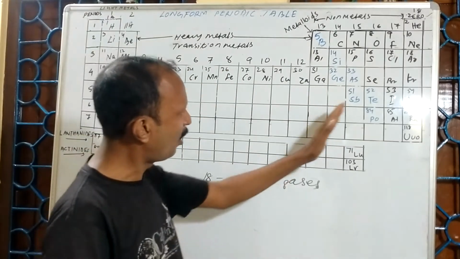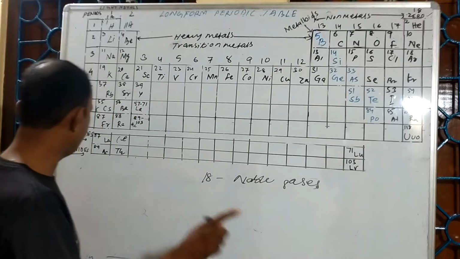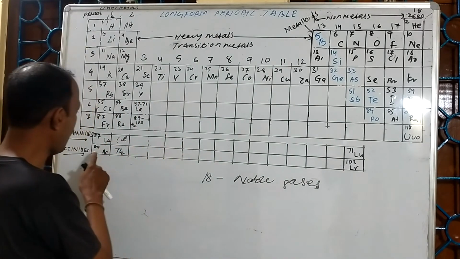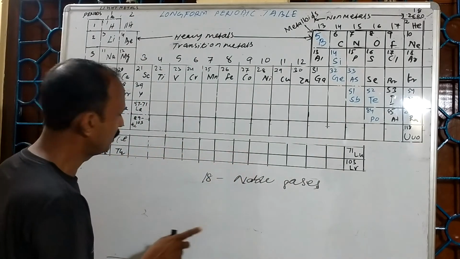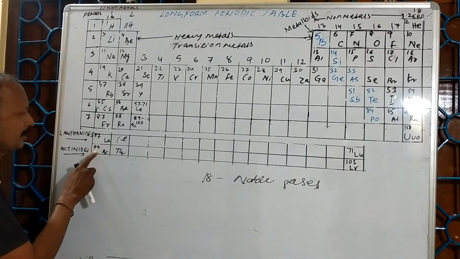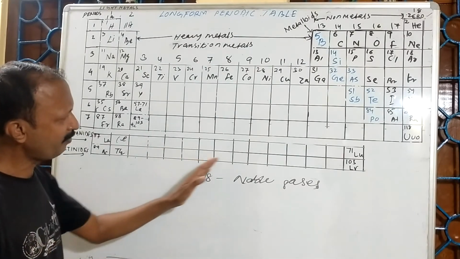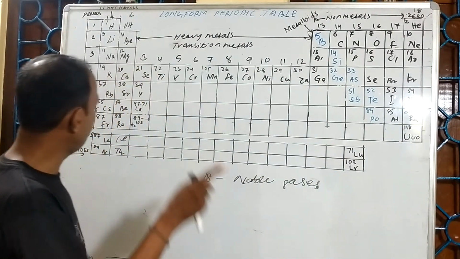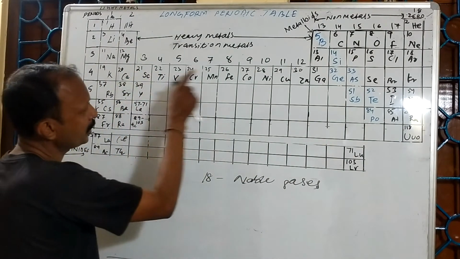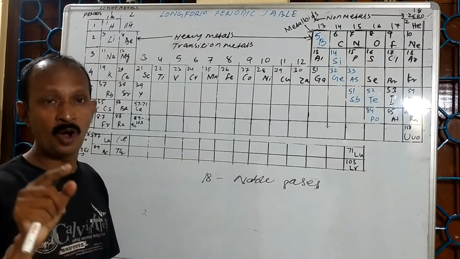So this is about the groups, and I said already this lanthanum and actinium, these two series, we say lanthanide series and actinide series, they are the F block elements. The elements written from 3rd to 12th, they are called the D block elements.